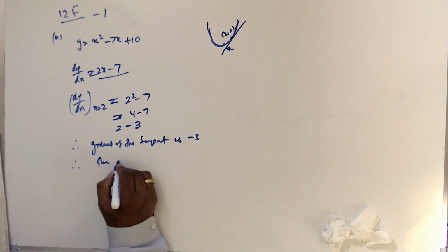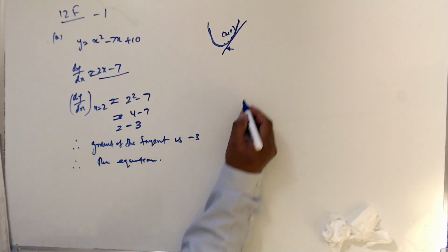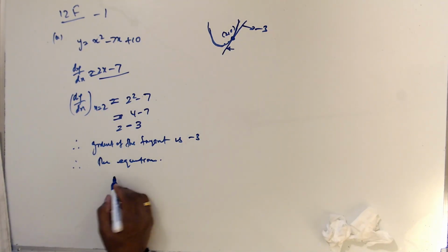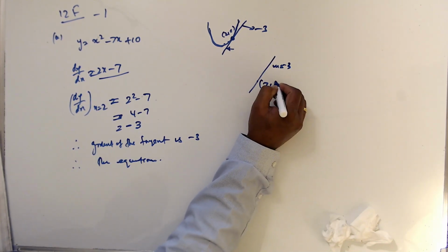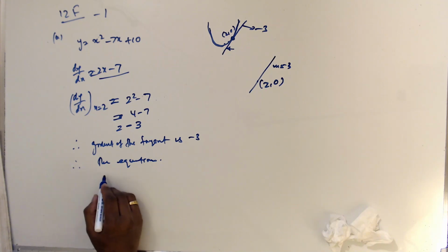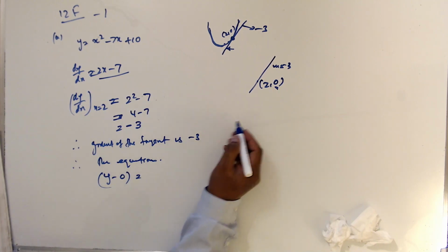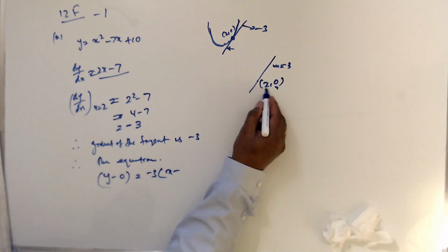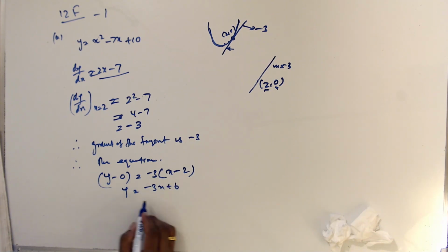We have a gradient m equals minus 3 and a point (2, 0). So y minus y1 equals m times x minus x1. Now let's simplify: y plus 3x equals 6.